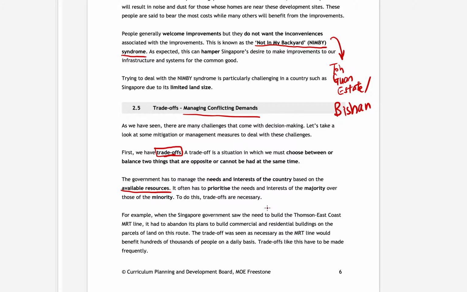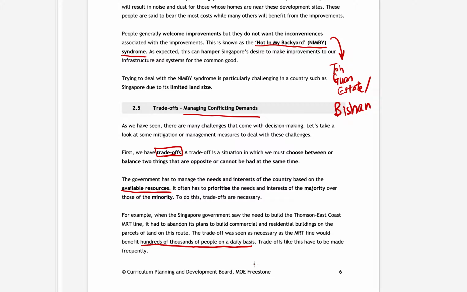Why? Because the MRT line could benefit potentially hundreds of thousands of people on a daily basis. So it's not easy to be a government. It's not easy to be a policymaker because you gotta make decisions like this pretty much every single day. Yeah. So the number one thing we can do is to trade off. We do a trade-off to manage this conflicting demand.